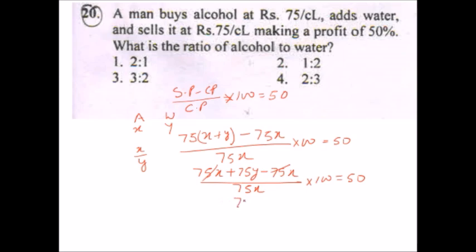Now 75y by 75x into 100 equals 50. So x by y equals 75 into 100 by 75 into 50. We will have 2 by 1, and in ratio it will be 2:1.